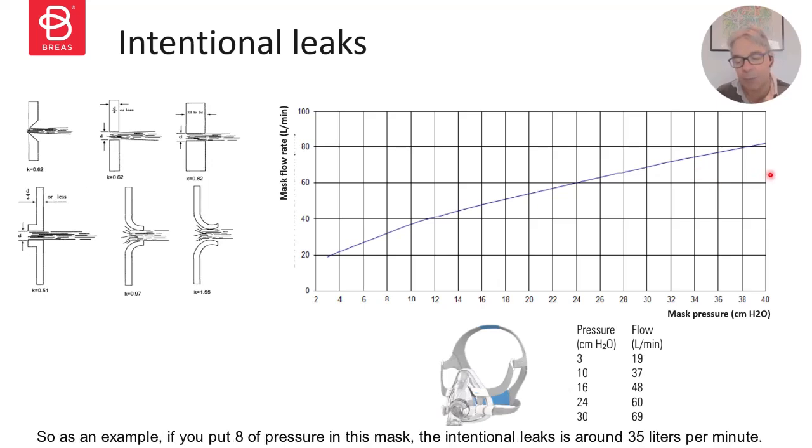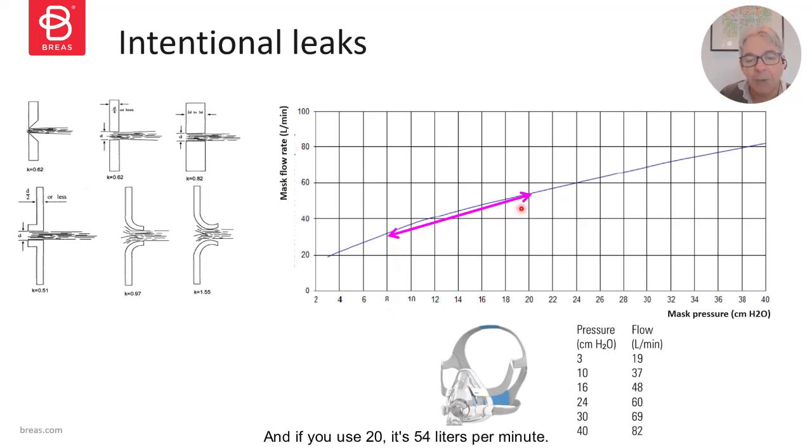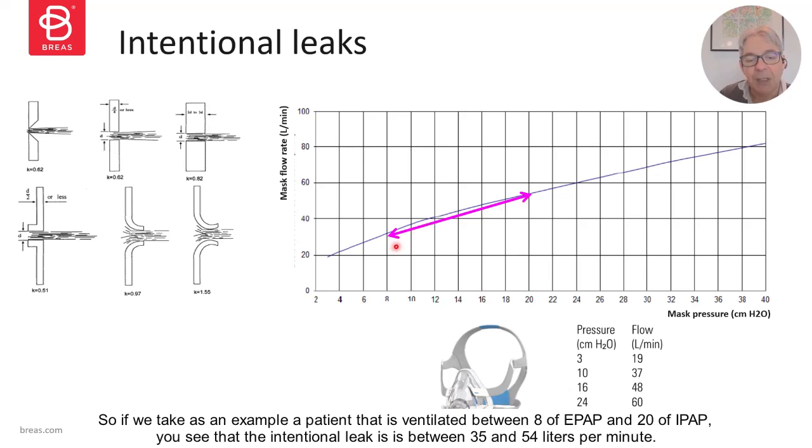As an example, if you put 8 of pressure in this mask, the intentional leak is around 35 liters per minute. And if you use 20, it's 54 liters per minute. So if we take as an example a patient that is ventilated between 8 of EPAP and 20 of IPAP, the intentional leak is between 35 and 54 liters per minute.